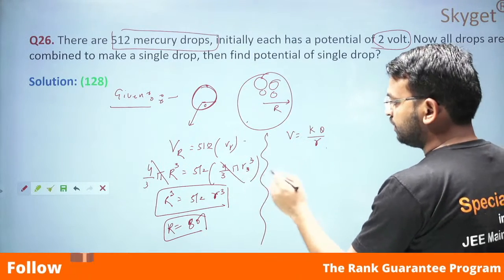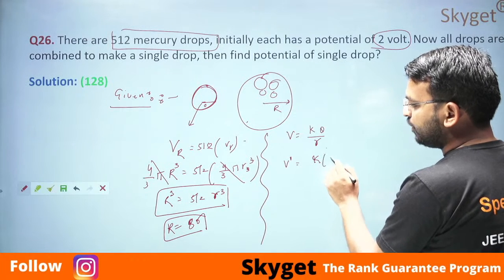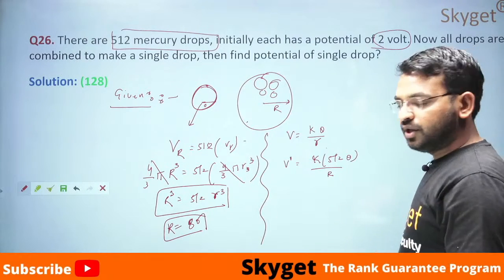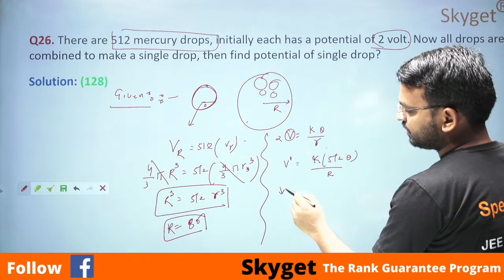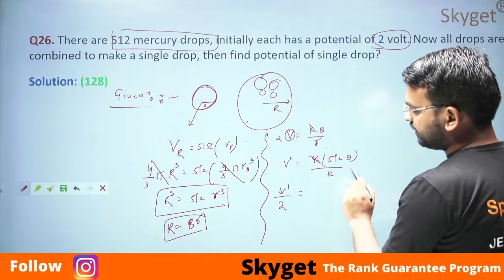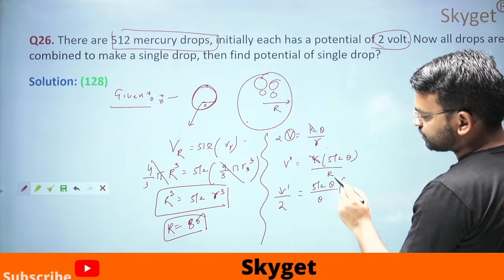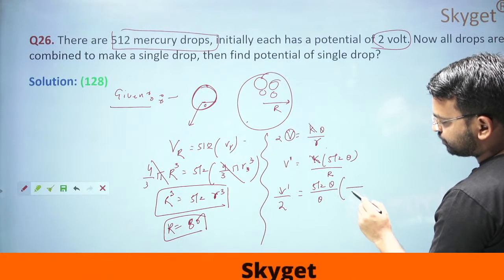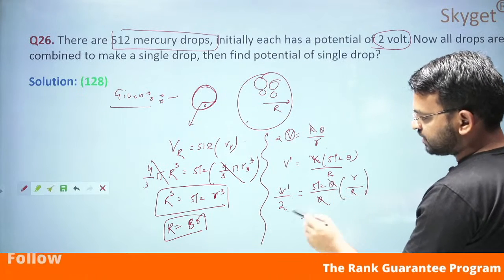Now the new potential because of the 512 charges will be k into 512 q divided by capital R. If you divide this by the first potential, which they have given as 2, it is V dash divided by 2 equal to k into 512 q over R, divided by kq over r. K cancels, q and q cancel out, and this becomes capital R over small r in the denominator.